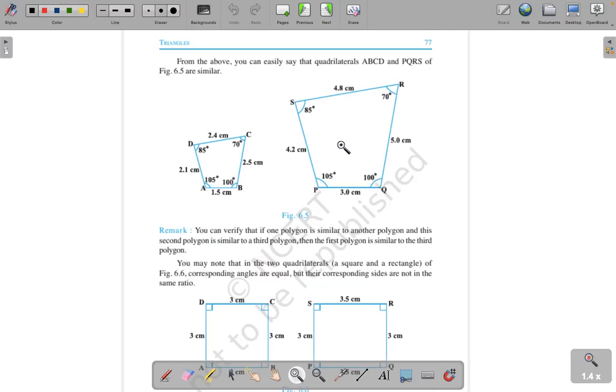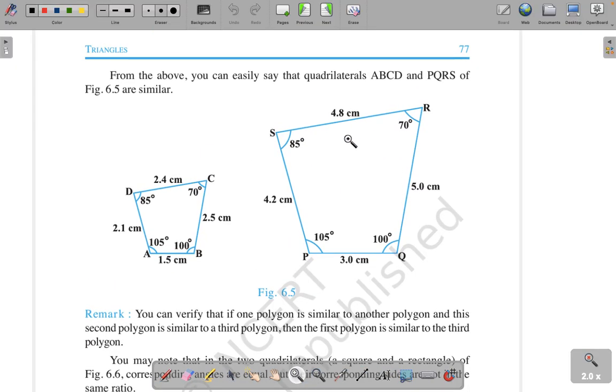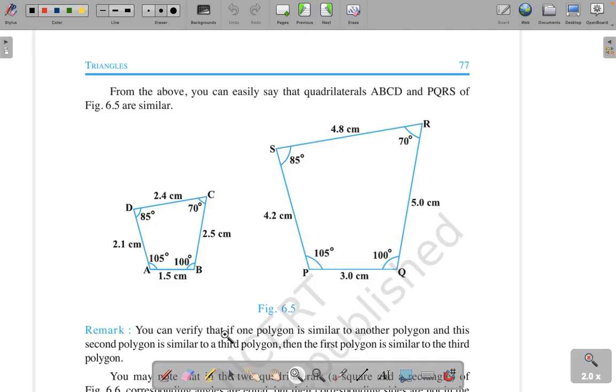Now coming back to that quadrilateral that we were looking at. Can you say whether these are similar or not? Yes, because angles are all equal. This is the first criteria, angles should be equal. So 85, 85, 70, 70. We should look at corresponding angles: 85 and 85, 70 and 70, 105 and 105, 100 and 100.